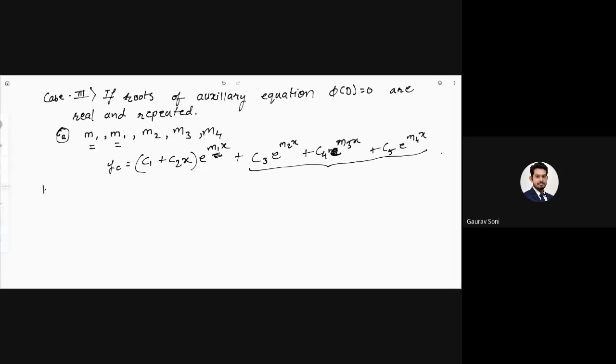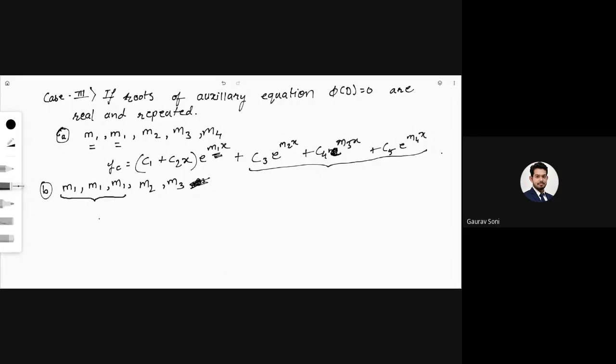So on the same line, if the roots are like this, m1, m1, m1, m2, m3, m4, or simply m2 and m3. So what is the difference now? m1 is not just repeated once, it is repeating thrice.